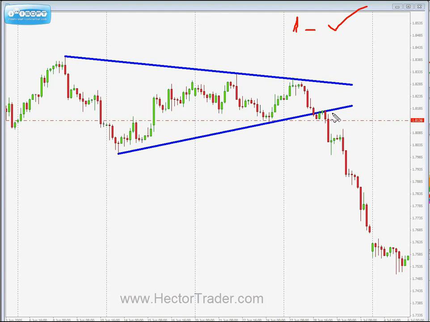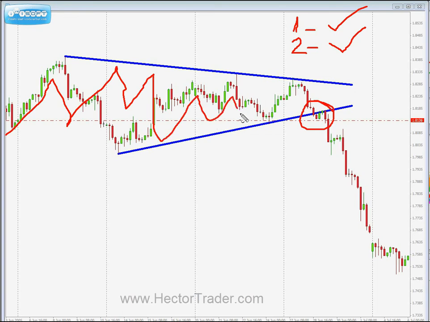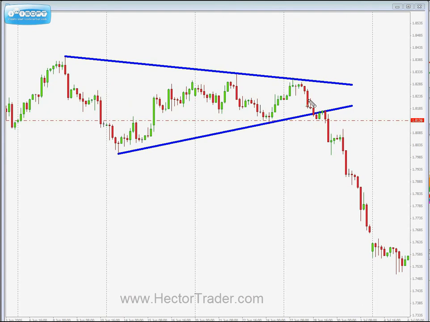Second, you are trading a breakout in the direction of the main trend. You are not just taking a trade out of the blue. You are entering a breakout in the direction of the main trend. Once the consolidation area decides to give way, you don't take the trade here or here or here.